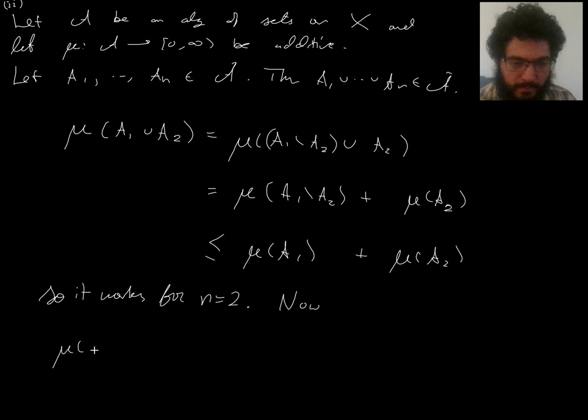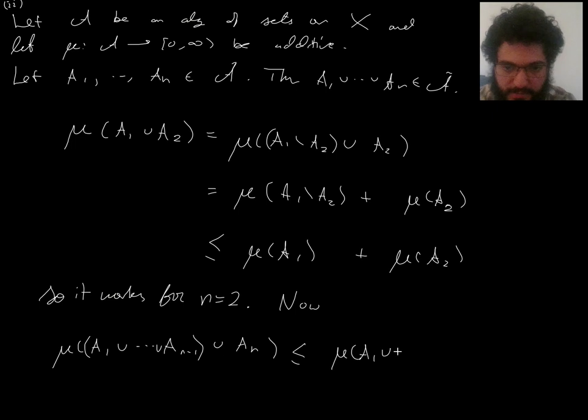Now, what if I take a union of these n things? So look at that union of n things as actually a union of n minus 1 things, and then the nth one. And I can group the union however I want, so I can view it as the union of these, then union that. Then according to my result about the union of two things in fancy A, this should be less than or equal to mu of the first part plus mu of the second part.